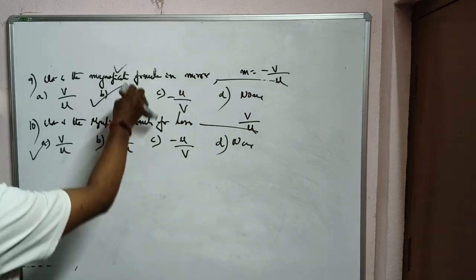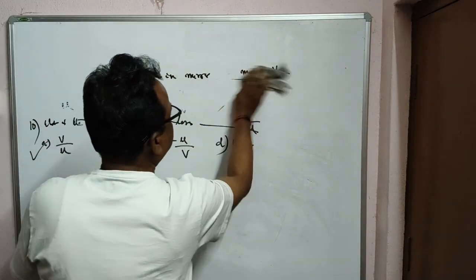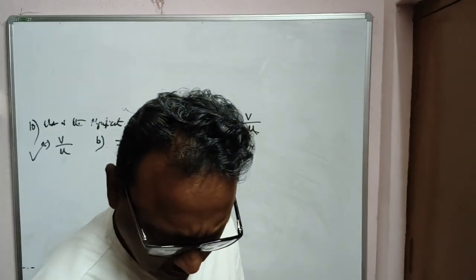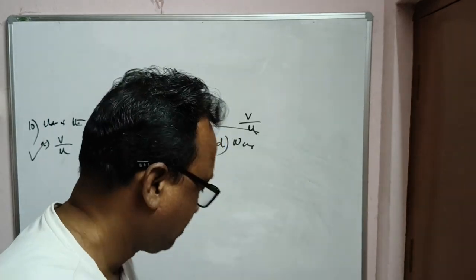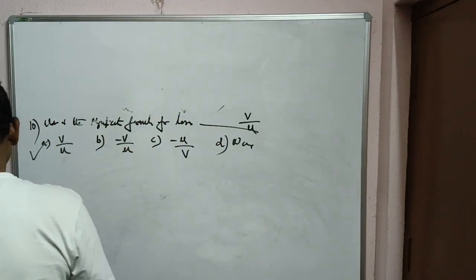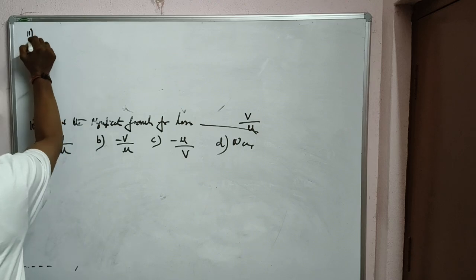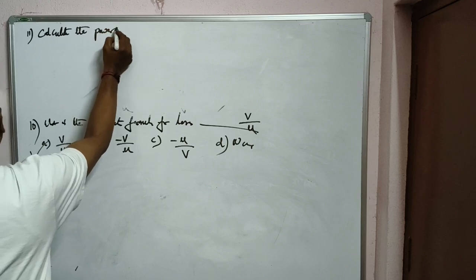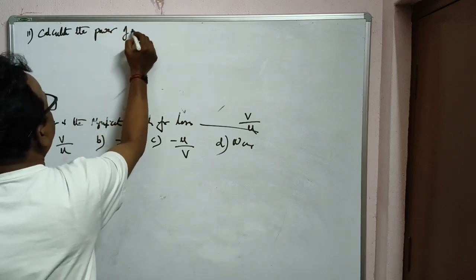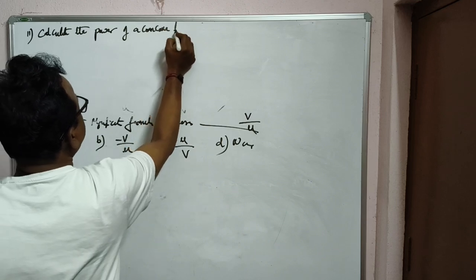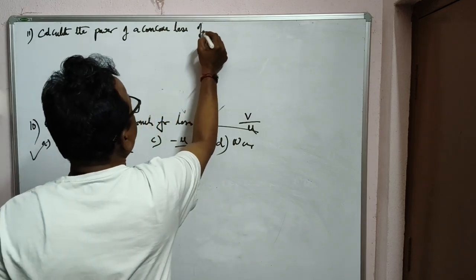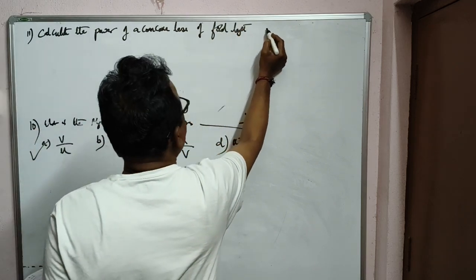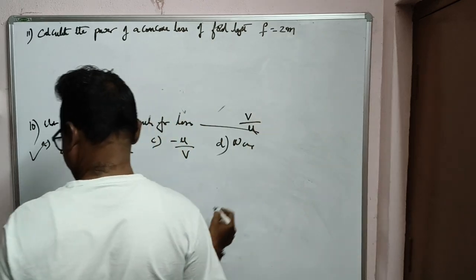Now let us go to the 11th one. 11th question, you can see here. Calculate the power of a concave lens of focal length f is equal to 2 meters.